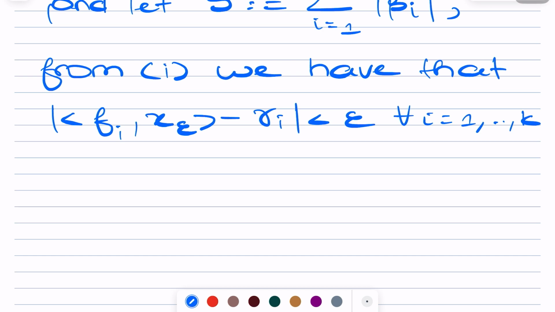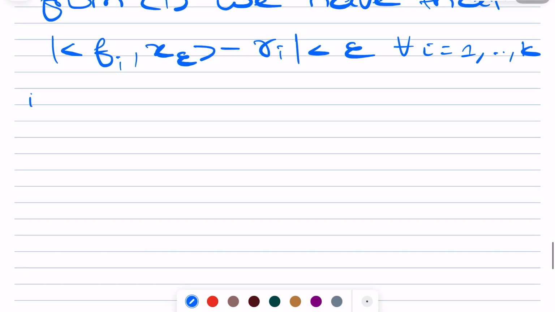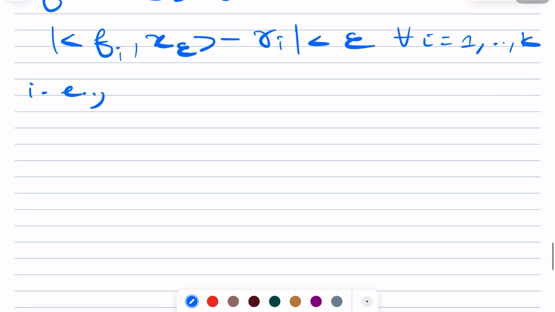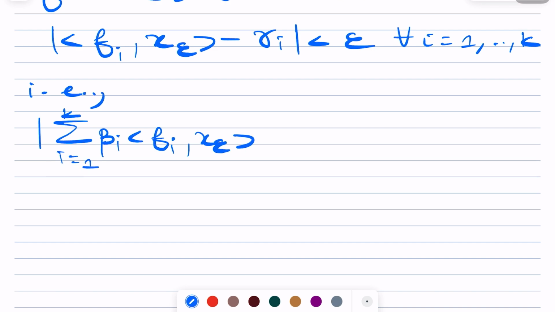So this means, by the triangle inequality, the absolute value of the summation of beta i phi i x epsilon, i moving from 1 to k, minus the summation over i moving from 1 to k of beta i gamma i is less or equal than epsilon times s.